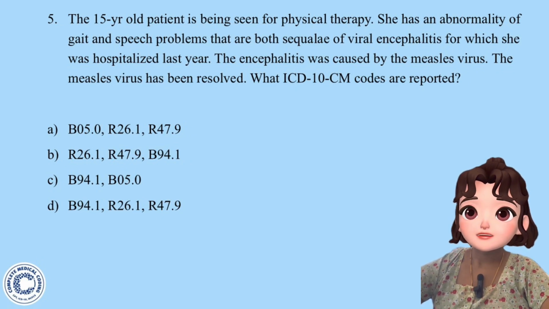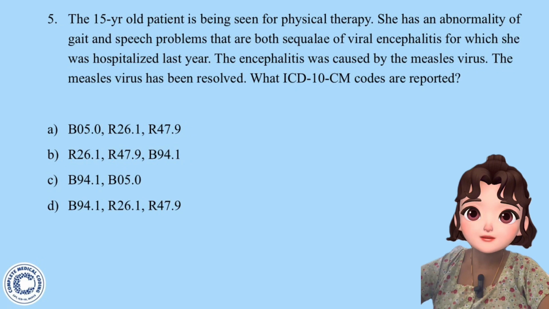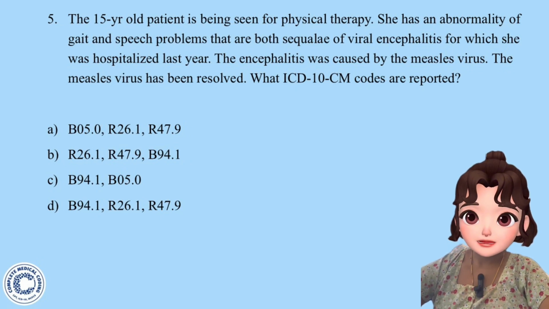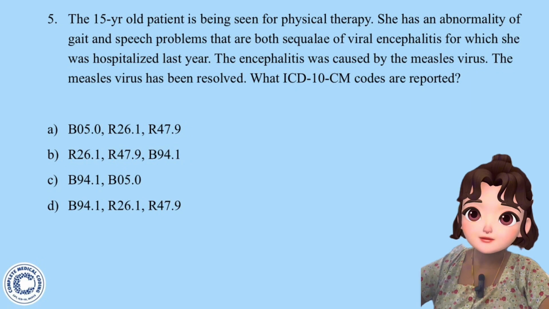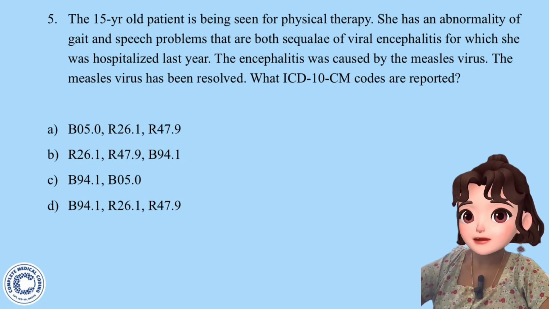Okay. So gait R26.1, and what is R47.9? Speech disturbances, unspecified speech disturbances. You can check the ICD book, you will get it. Okay. R47.9 is speech disturbances. So either of these two should be the primary diagnosis because the patient is here for physical therapy.